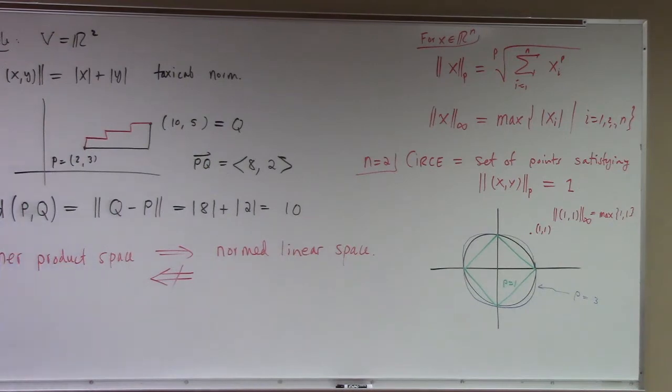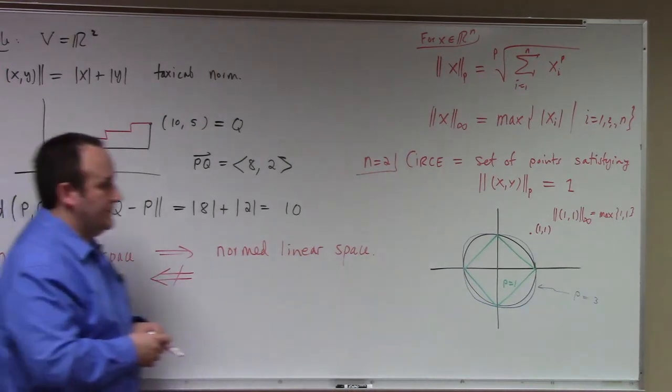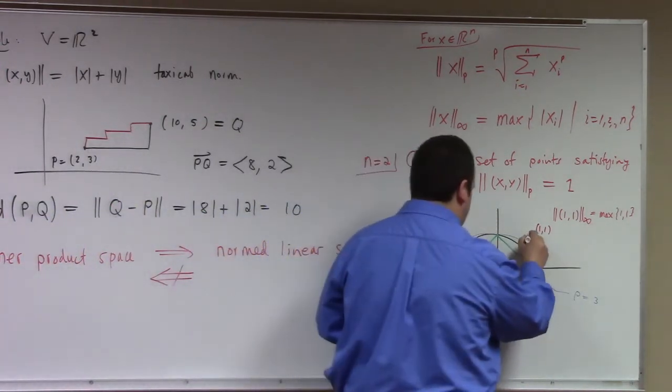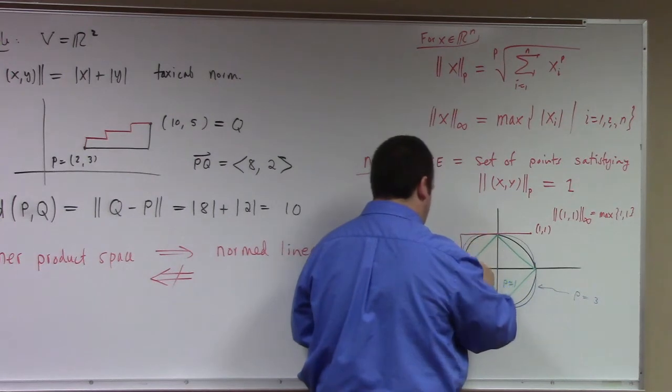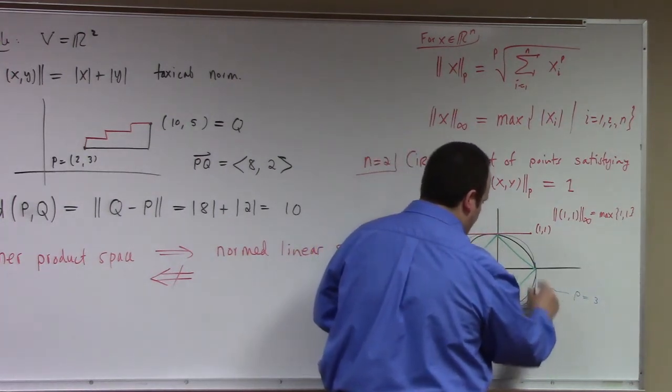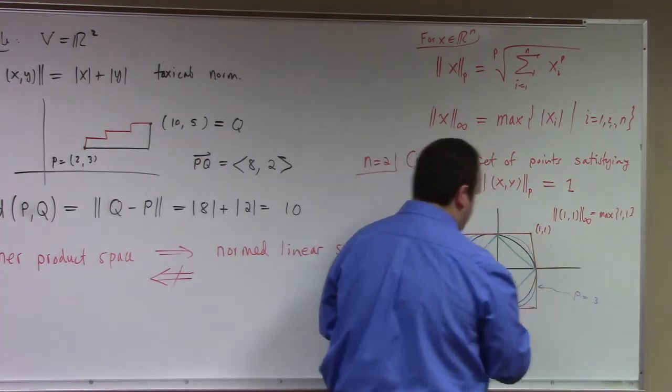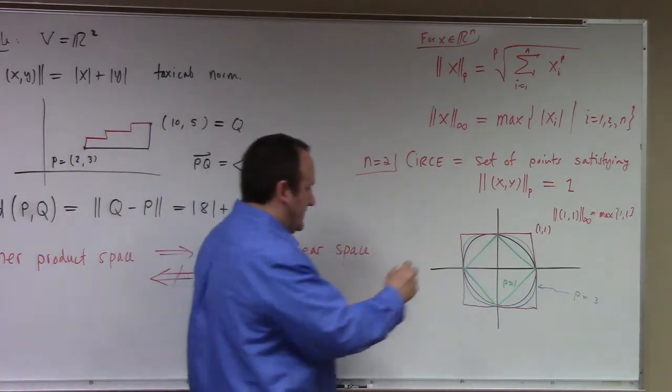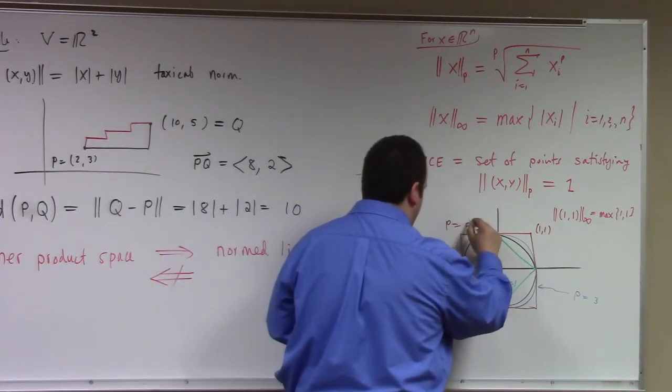What's the maximum of 1 and 1? It's 1. So (1, 1) is a point on the sup norm circle of radius 1. And in fact, you get this box. So that's the case of p equals infinity.